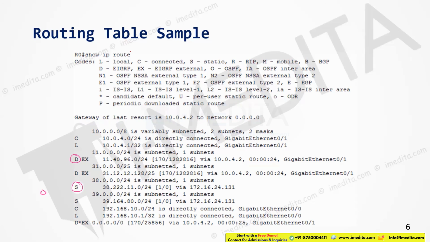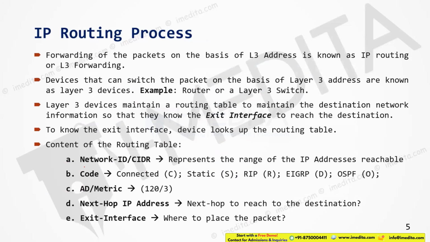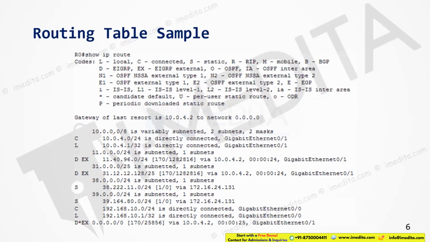So in the routing table, we have a network and a subnet mask. A router, here is a router for example, might be connected to multiple hosts: 10.1, 10.2, 10.3, 10.4, 10.5, 10.6, 10.7, 10.8.